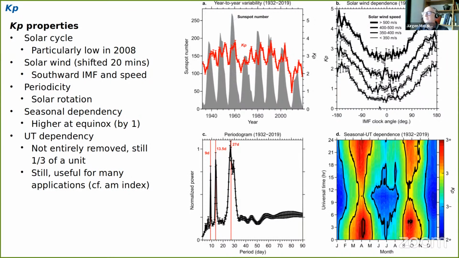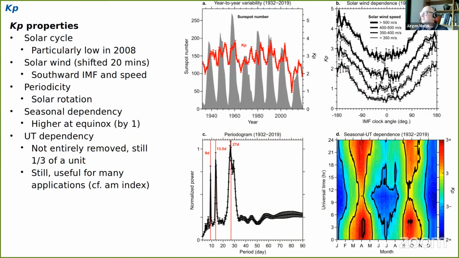Here, another important property of KP is its relationship to solar wind. On the upper right, you see a plot with 4 curves. The top curve is for very high solar wind speed, more than 500 meters per second, and the bottom curve is KP values for very slow solar wind, less than 350 meters per second.